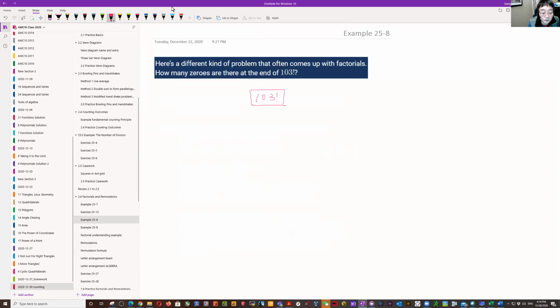Each zero at the end of the number is related to a factor of 2 and a factor of 5. You will definitely have more factors of 2 in the factorial, so we are counting the scarcer resource, the factor of 5, in determining the number of trailing zeros.